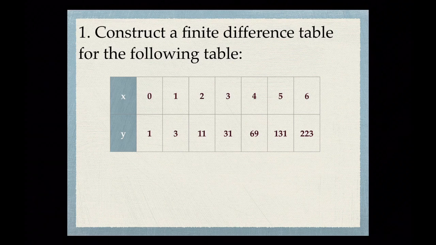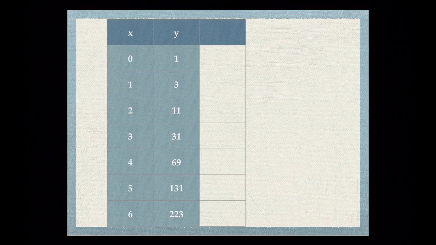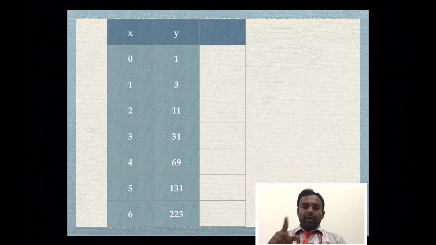I have x values 0, 1, 2, 3, 4, 5, 6, and y values 1, 3, 11, 31, 69, 131, and 223. First of all, whatever table is given to us, we will write it in vertical order. Whatever we had row-wise is now written column-wise.